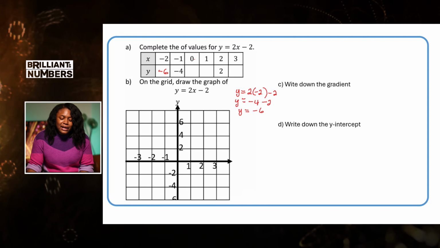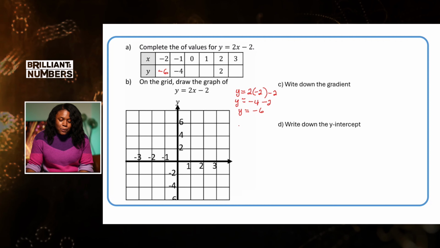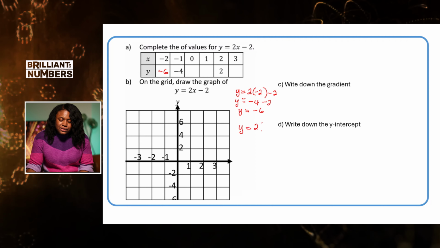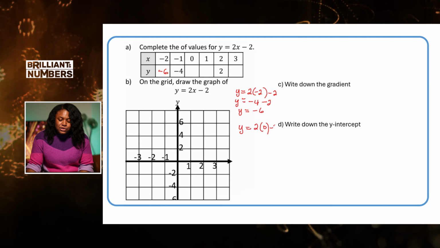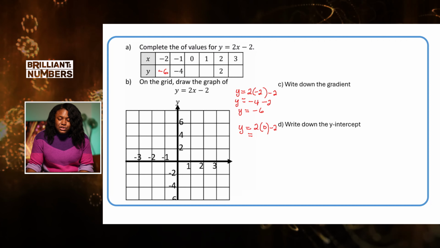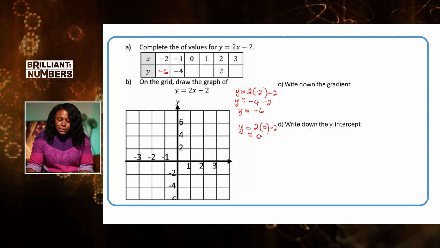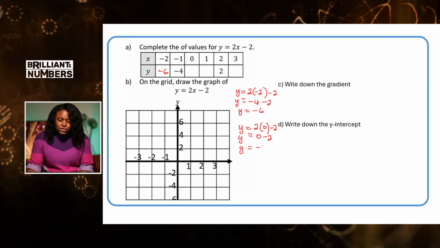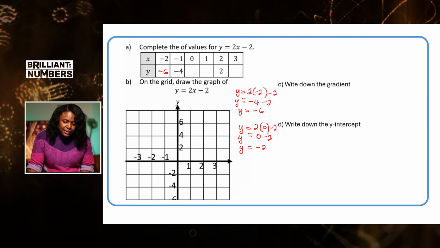I go ahead and go to 0. So y equal to 2 and x this time is 0, and then minus 2. So 2 times 0 is 0, minus 2, which will also give us minus 2. We put that in our table.